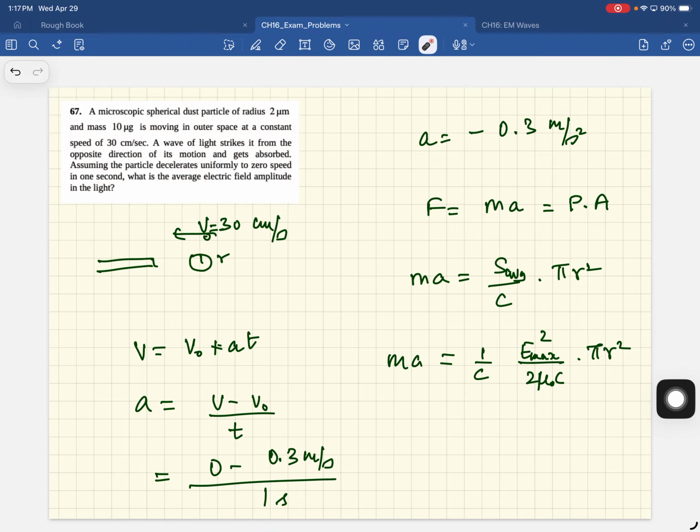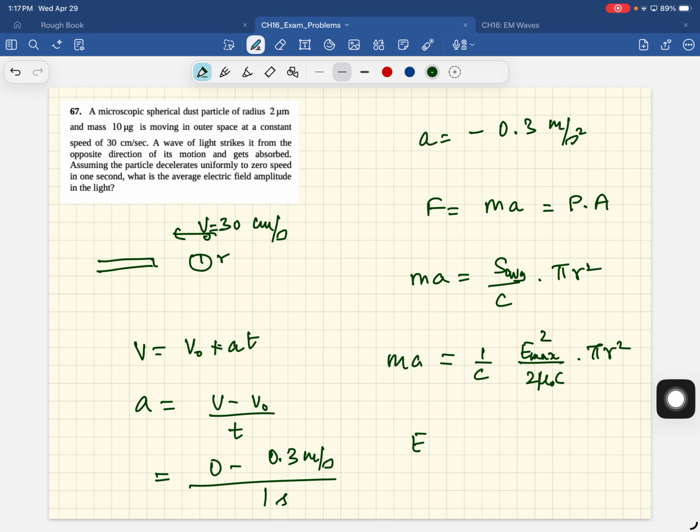All right, so you see, we know the mass of the particle, we calculated the acceleration of the particle, we know the speed of light, and we know the radius of this particle. So we know that, and that. So E max is the only unknown.